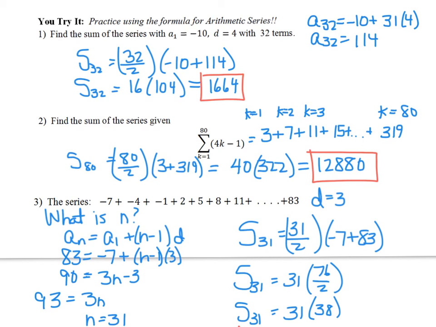So 4 times 80 minus 1 is 319. Now I have all my information to be able to use my sum formula. So I take the number of terms and divide by 2, 40. 3 plus 319, that's the first term plus the last term. So 40 multiplied by 322 gave me 12,880.